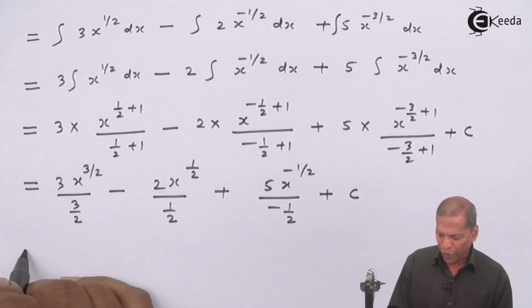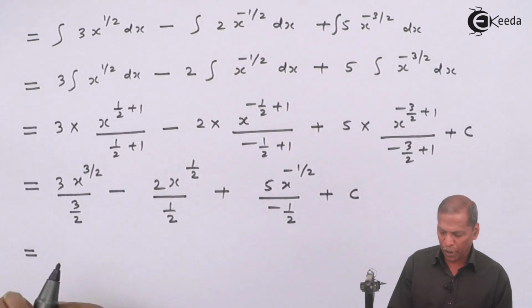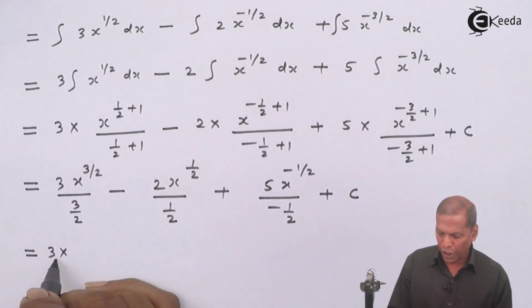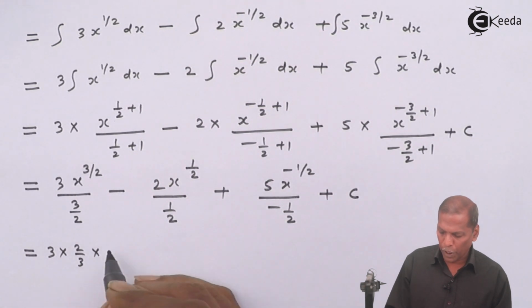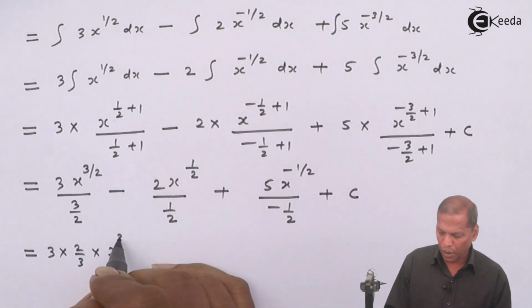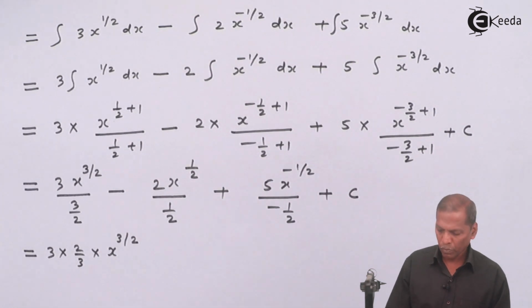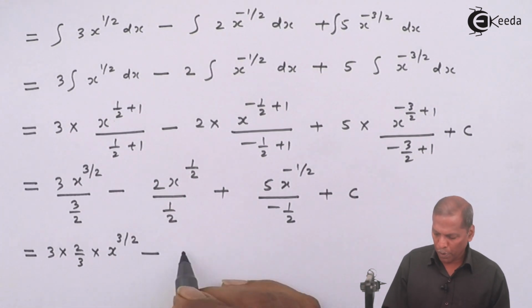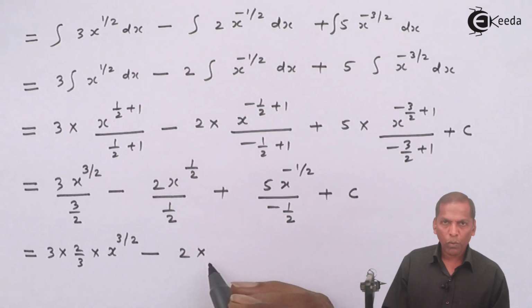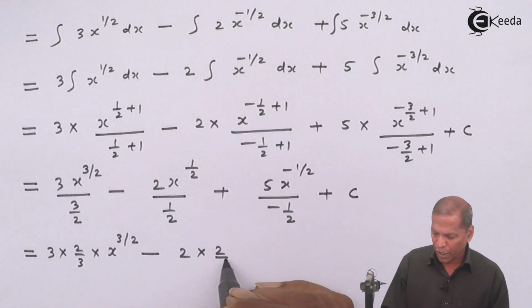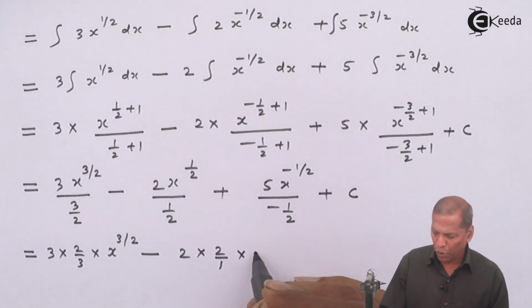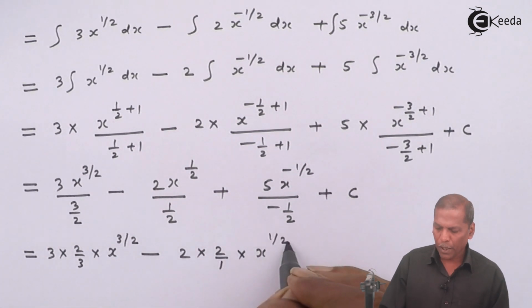On simplifying further, this can be written as 3 into 2 upon 3 into x raised 3 by 2, then minus 2 into 1 by 2, if we take it in the numerator, can be written as 2 by 1 into x raised 1 by 2.